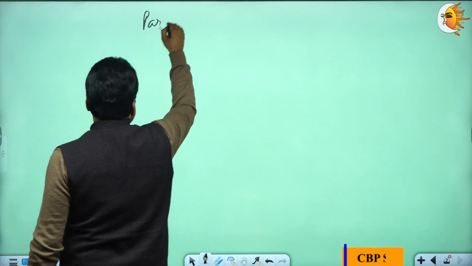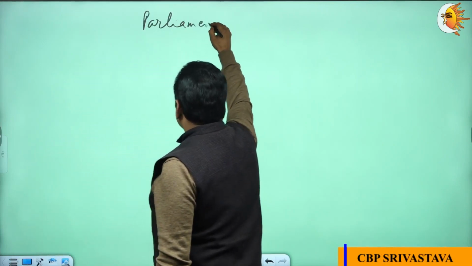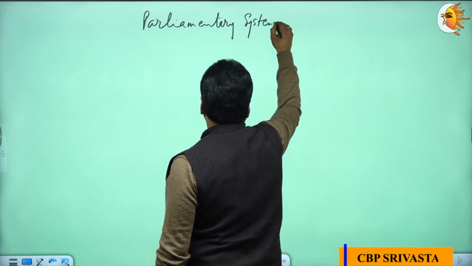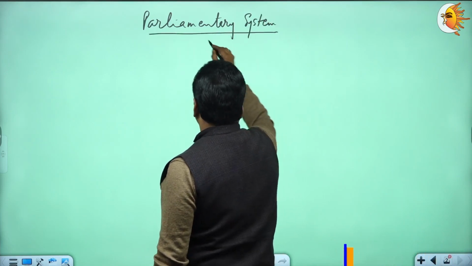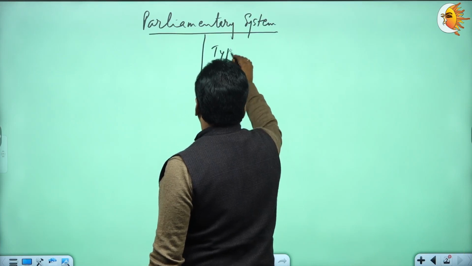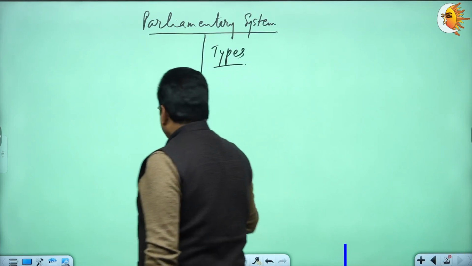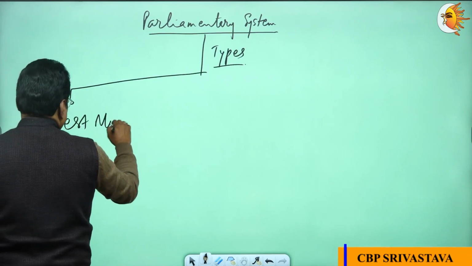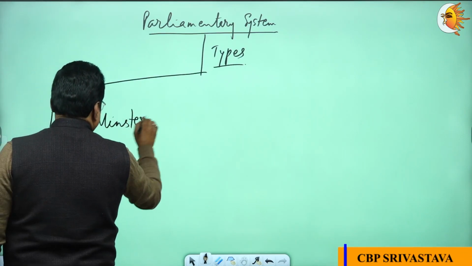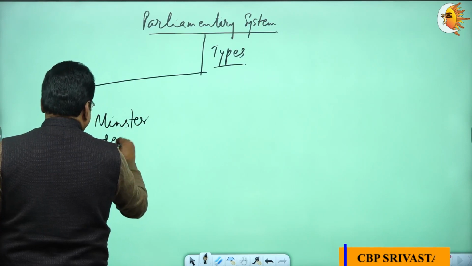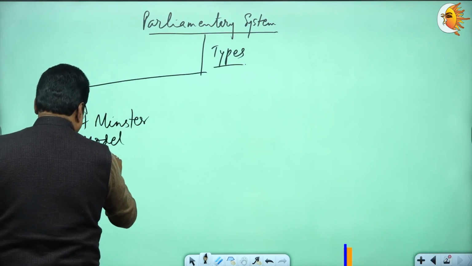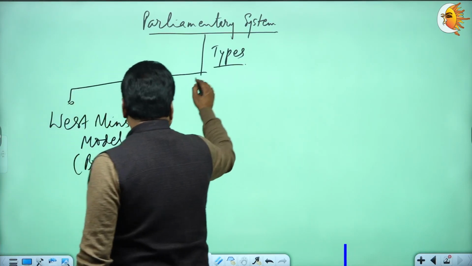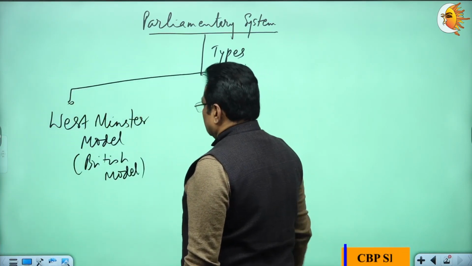First of all, we'll discuss parliamentary system. First is Westminster model or British model.